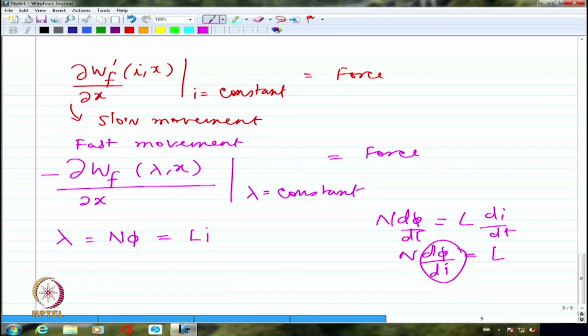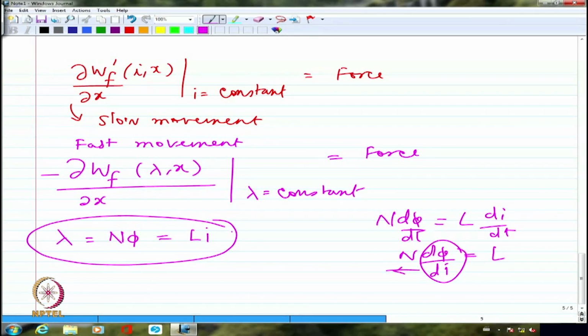If I assume they have continuously a linear variation, rather than writing d phi by di, I should be able to directly write that as n phi by i, right? So if I am considering a linear system, I should probably be holding on to this expression rather than writing this in terms of calculus, right?